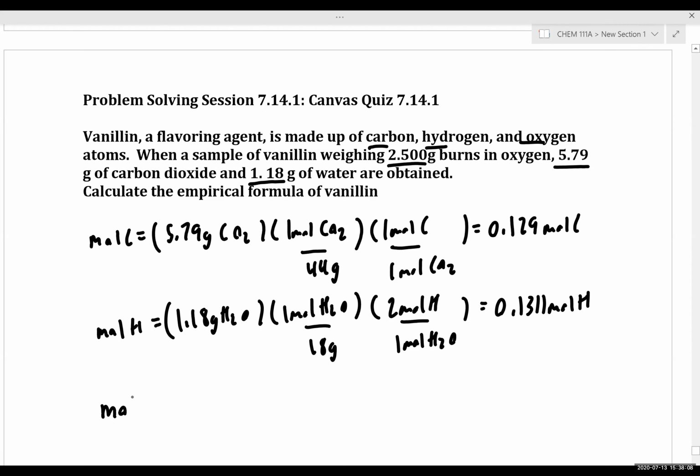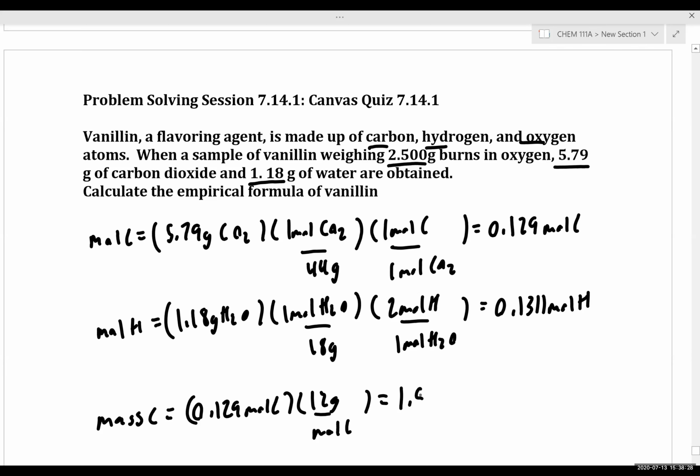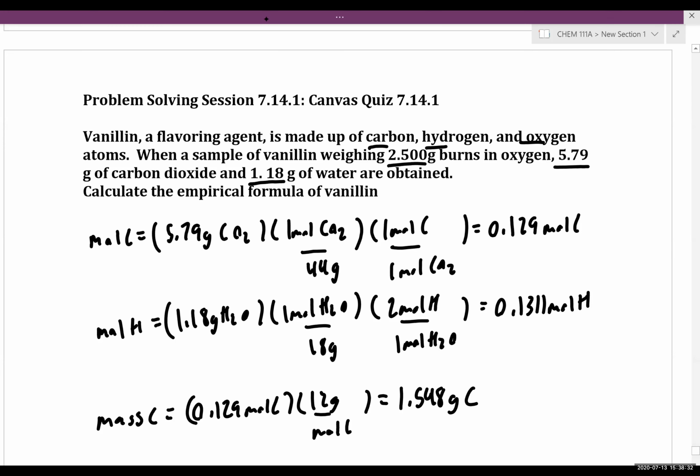Okay, and now finally, we need to calculate the mass. So the mass of carbon is 0.129 moles of carbon times 12 grams per mole of carbon. That in turn gives us 1.548 grams of carbon.